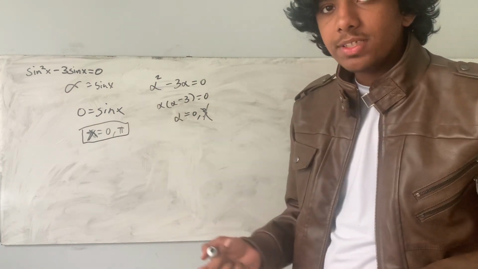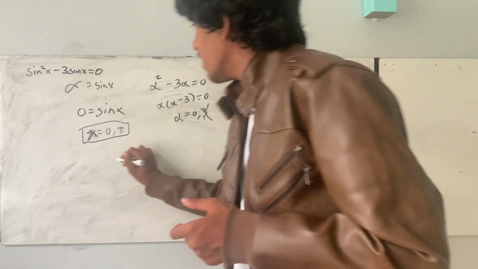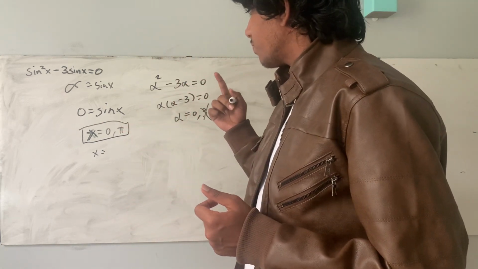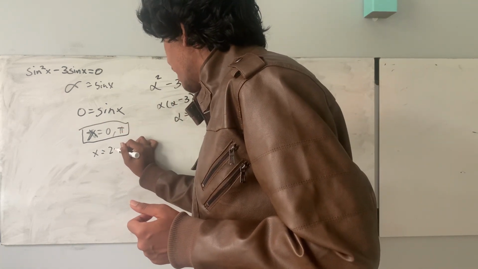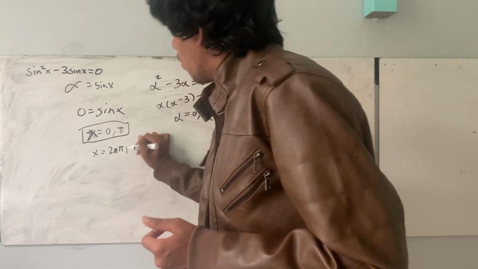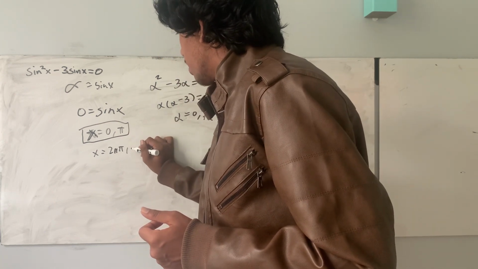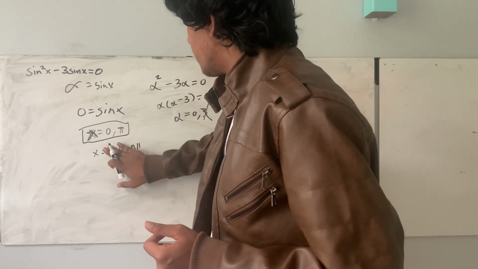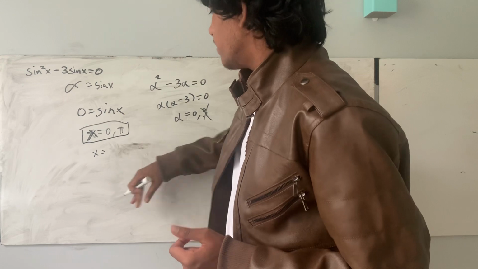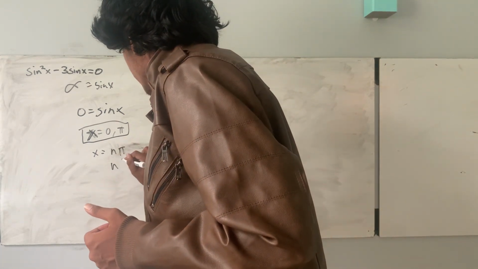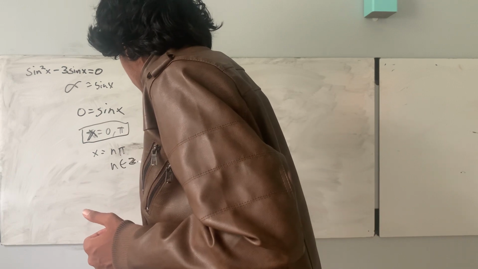Another way you can represent all real solutions is to say x equals n pi, where n is an integer.